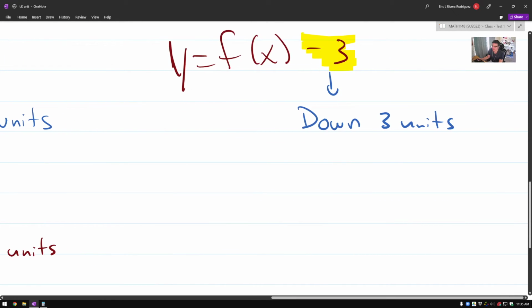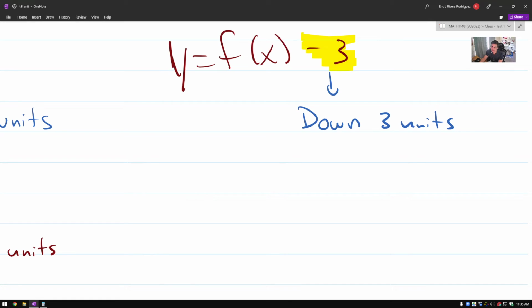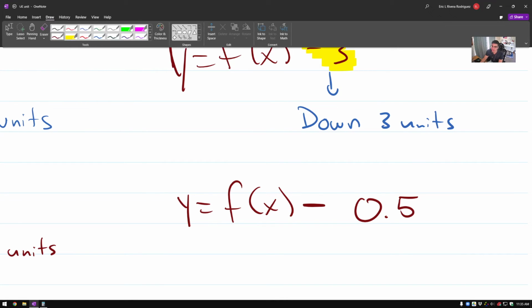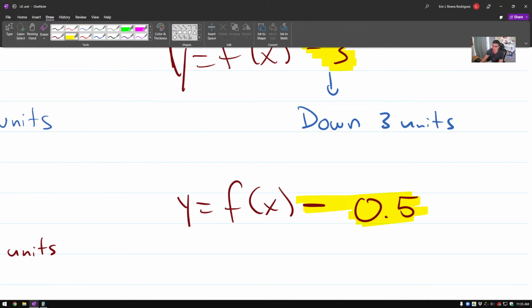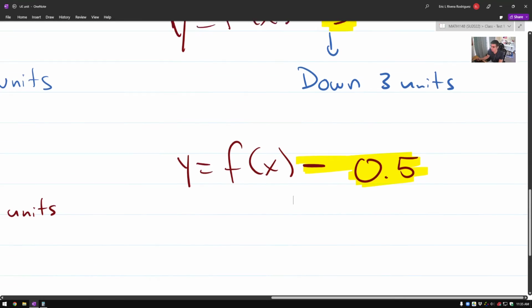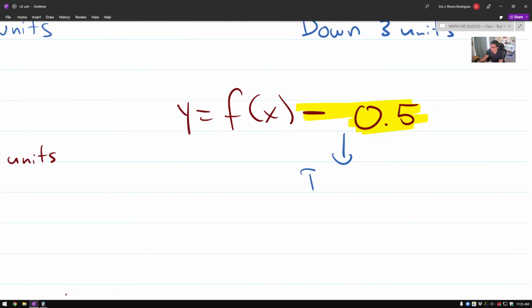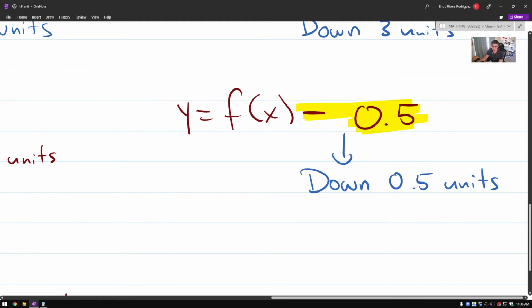What we have in that exercise is y equals f of x minus 0.5. So we are in the output group, so we know that it is a vertical transformation. That means that we go down 0.5 units. So that is that exercise.